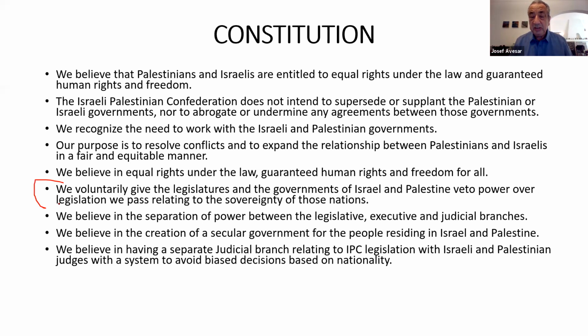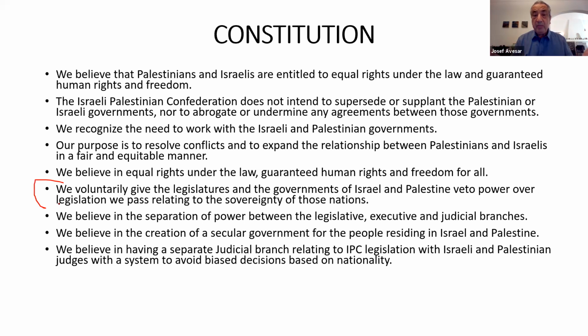Any other questions? So could someone from Hamas run for parliament, even though they might not believe in everything in the Constitution? Well, they have to pledge allegiance to the Constitution. If they are refusing to pledge allegiance to the Constitution, then they cannot run, it doesn't matter if they're Hamas or Israeli or whatever.